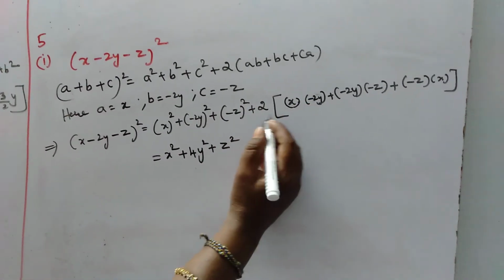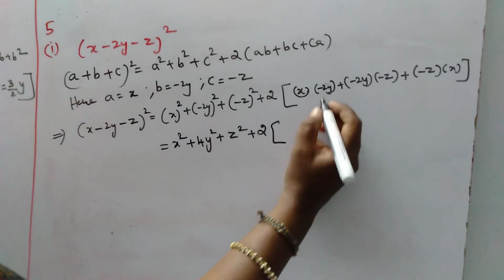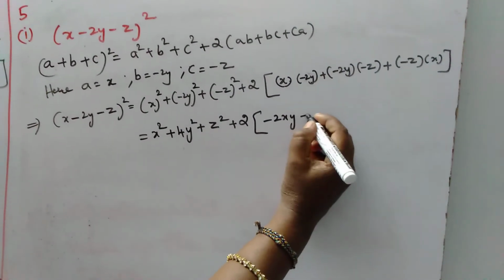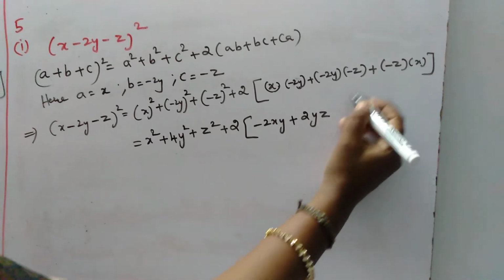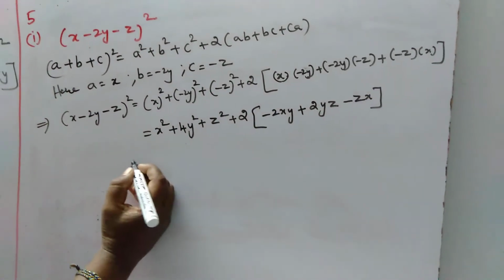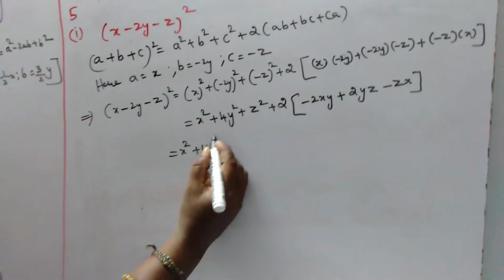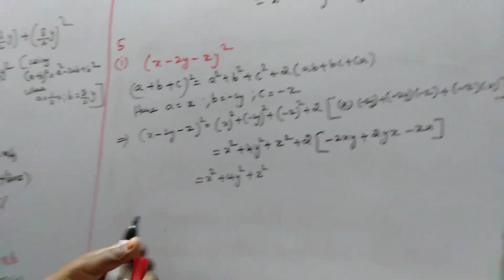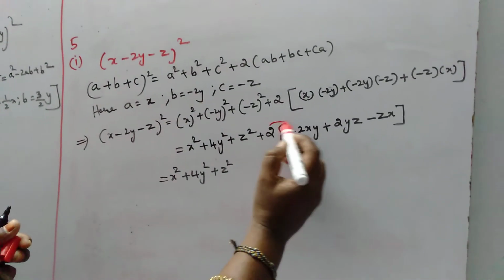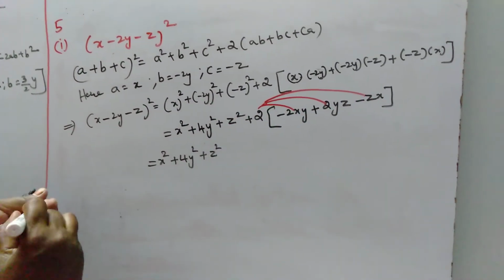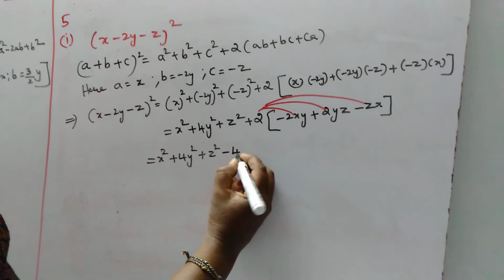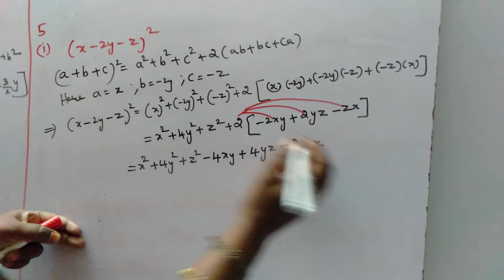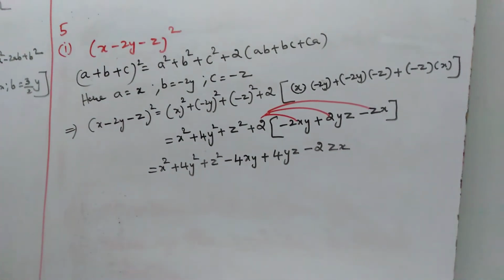Then multiply with this one. Plus 2 first we will write this one. Minus 2xy, minus into minus becomes plus, plus 2yz, then here minus zx. So which is equal to x square plus 4y square plus z square, multiply with 2 all this, that is minus 4xy plus 4yz minus 2zx. This is the solution of this first one.